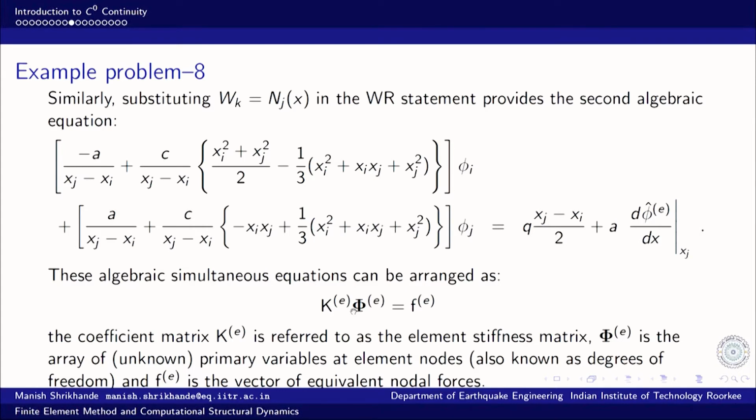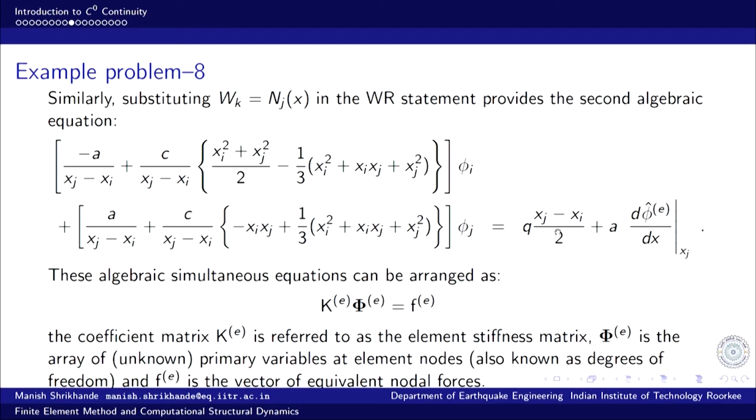Phi is the vector of unknowns, or degrees of freedom, and F is the vector of equivalent nodal forces. If you look at it, it comprises this term. Q is a distributed traction, distributed along the length, so that is the intensity of distribution.